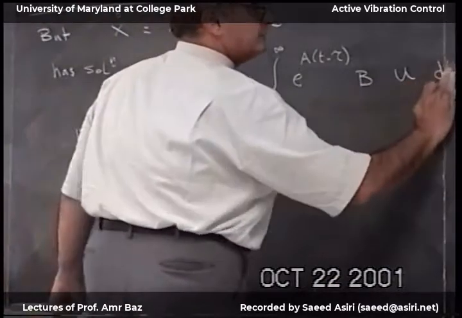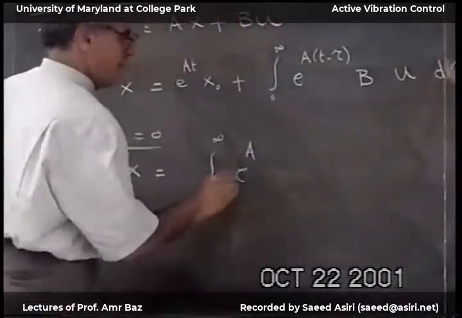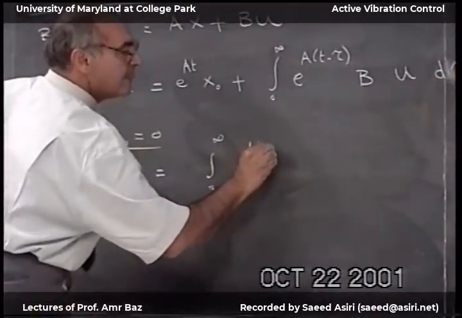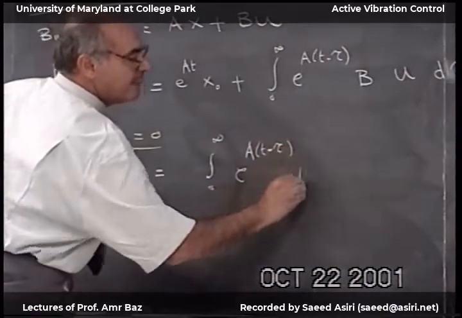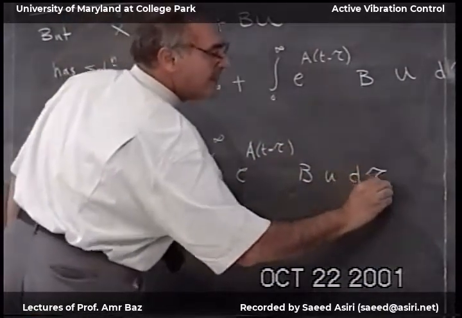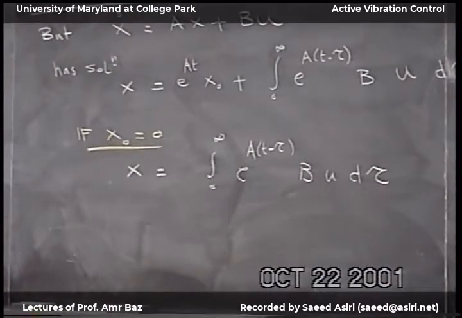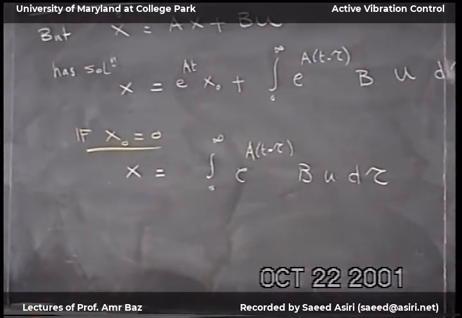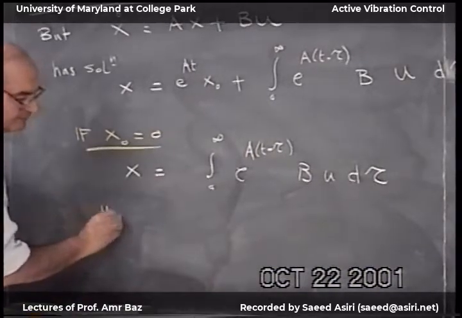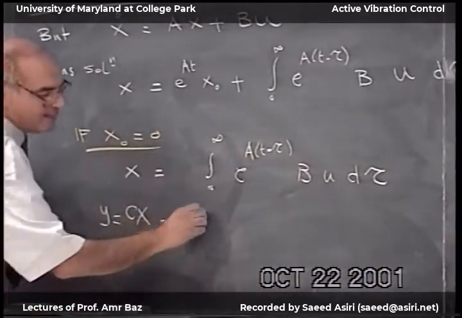I'm sorry, this is the tau. And then I can extract from this the system output, y, by multiplying by c.